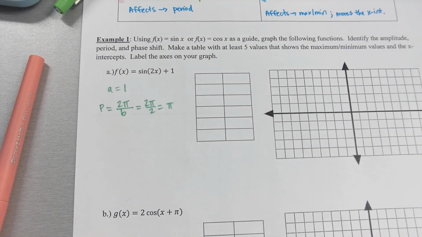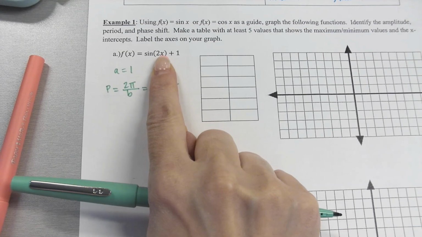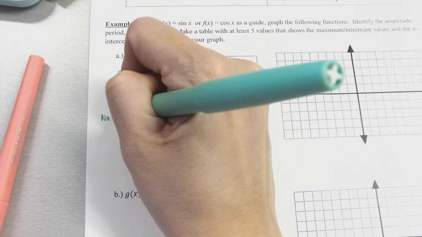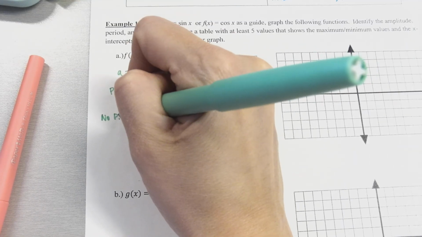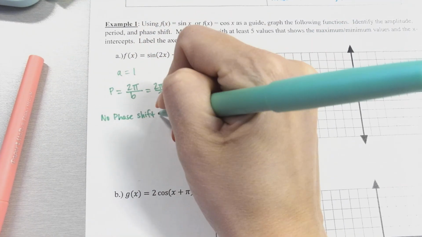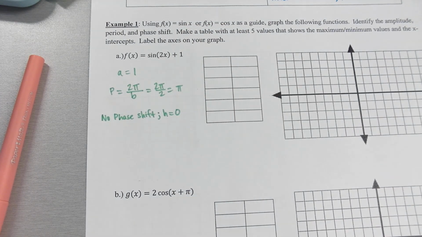Okay, now it also says to say what the phase shift is, but there's nothing being added or subtracted, so there's no phase shift. You can just write that h is equal to 0. Okay, so if there's no phase shift, your h value is going to be 0.